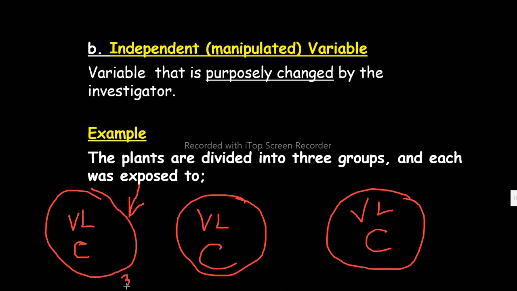Maybe you can give this one 300 carbon dioxide concentration measured in ppm, or parts per million. And maybe you give this one 600 ppm. And then you give this one maybe 900 ppm. Okay? And then you study the effect of carbon dioxide concentration on their overall productivity.